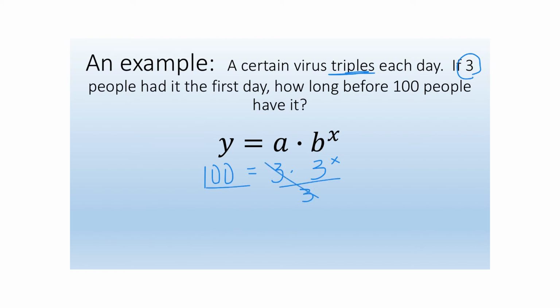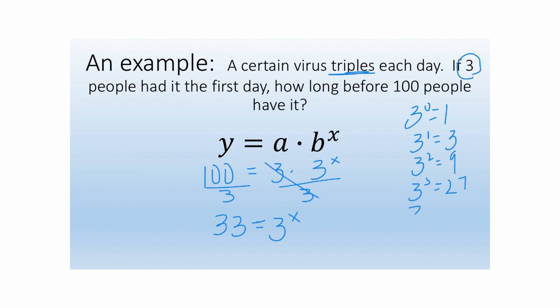So divide by 3, and you'll get 33 is 3 to the x. Again, guess and check. If you take 3 to the 0, 3 to the 1, 3 squared, 3 cubed, 3 to the 4th.